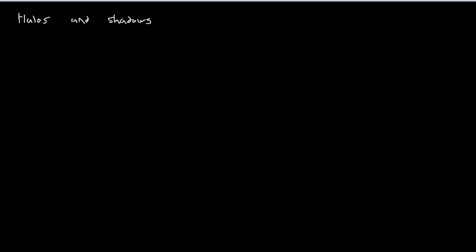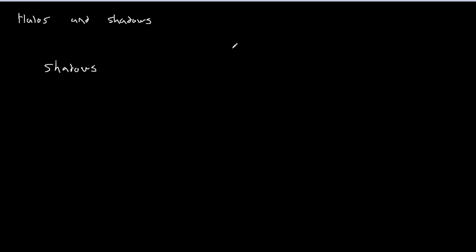Now, if you're already familiar with these, that's great, but hopefully this will be a review. But just in case you're not, I want to talk about what each one of these is, what they do to the text, and then why we would use one over the other and what types of situations we would use them in general. So the first thing I want to talk about is actually shadows.